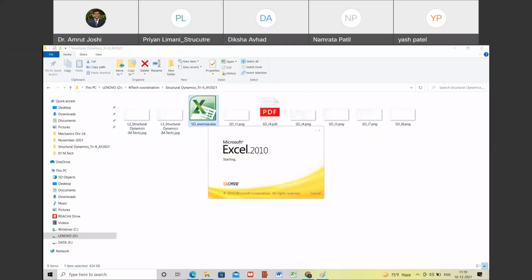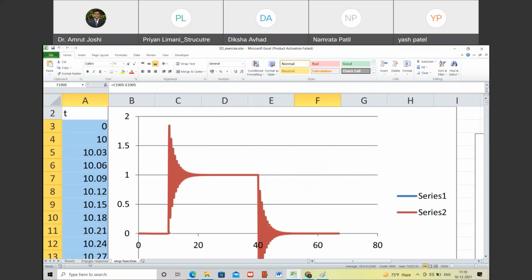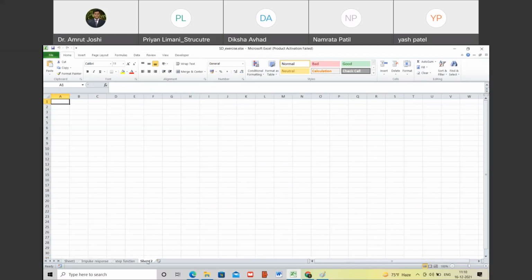So now we are going to plot resonance. So it is undamped resonance. Therefore I will make the columns t, then you will have u of t.